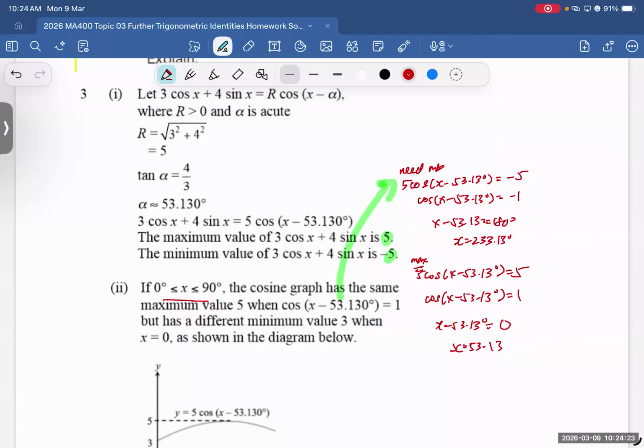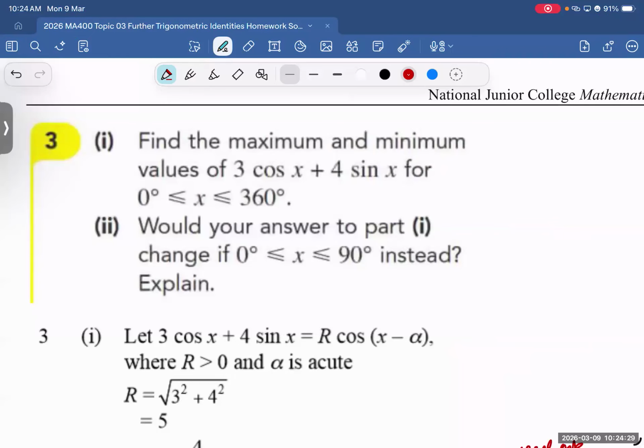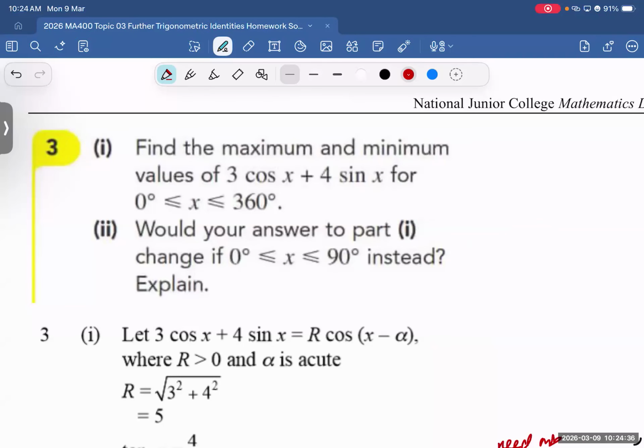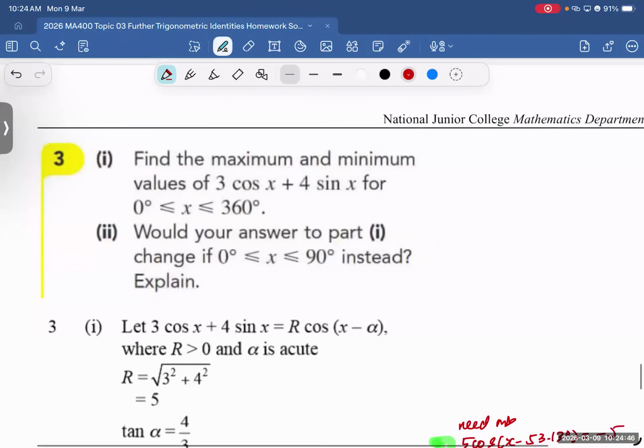Would your answer change if you see the question? Explain. Okay, can. Accept. Good.